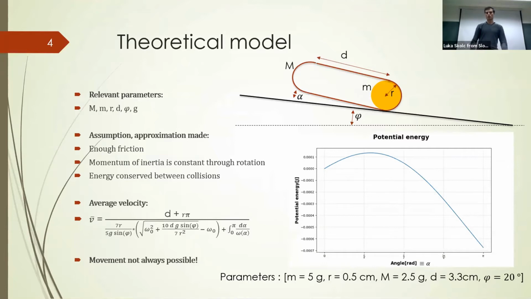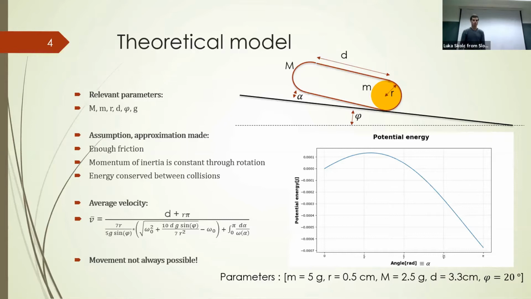Relevant parameters for our model are the mass and dimensions of the capsule and the ball. External parameters are the inclination of the inclined surface and gravitational acceleration. For assumptions, we said that there should always be enough friction to prevent slipping.